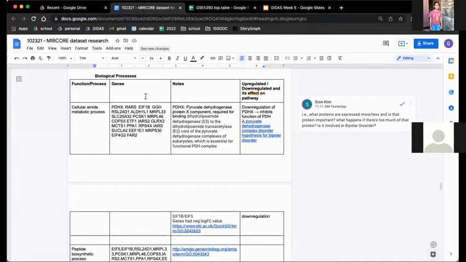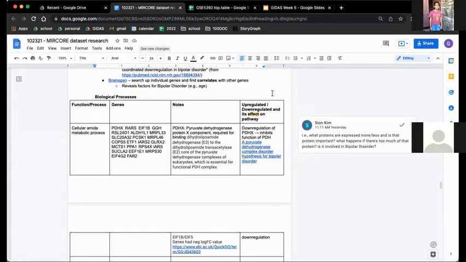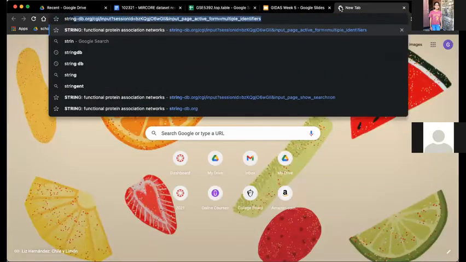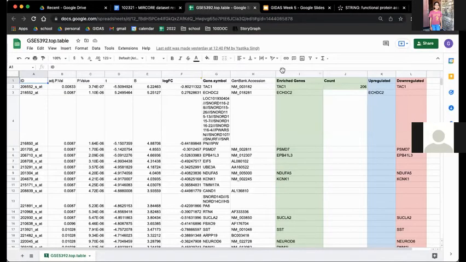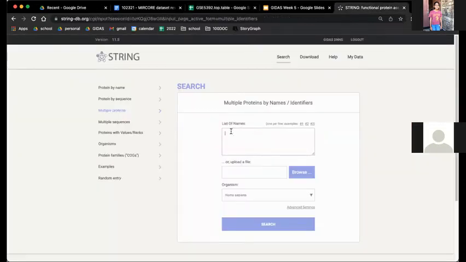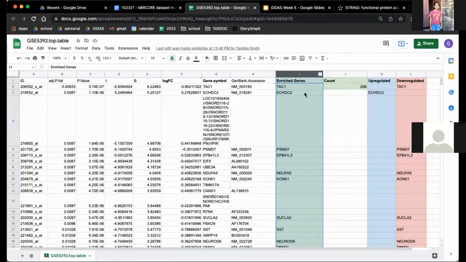So last week we did the STRING DB for the specific genes. I can do this again. If you forgot, we copied this row.